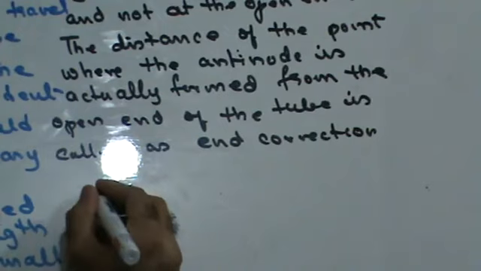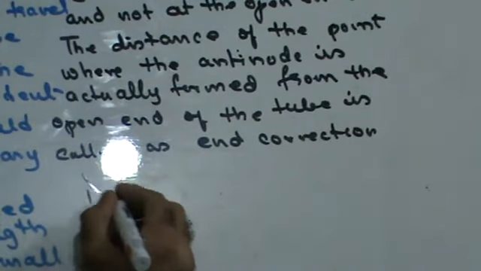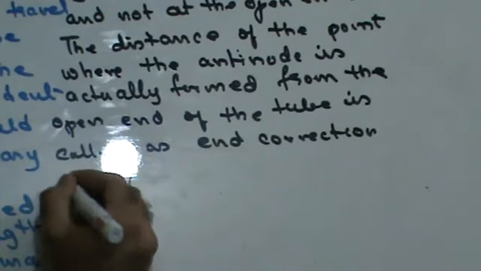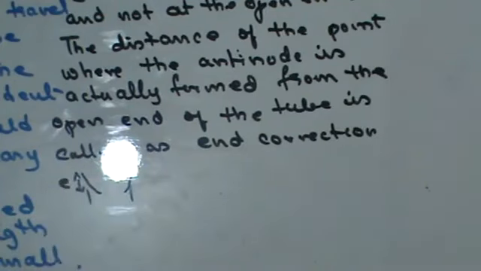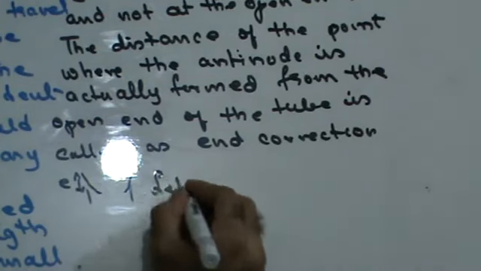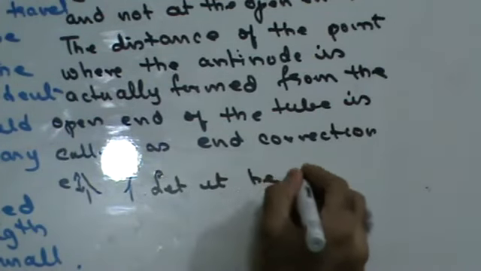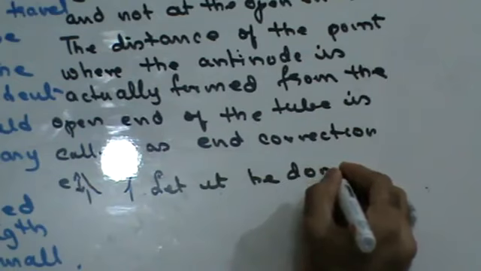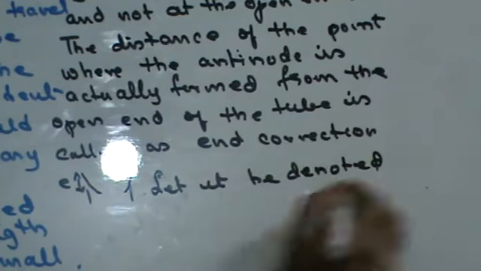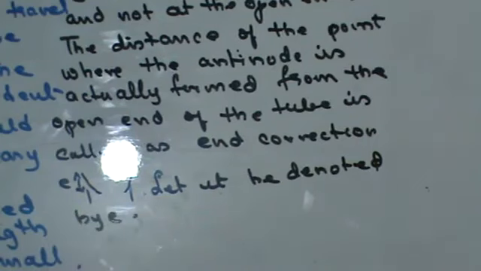This is my open end of the tube. The antinode is formed at this point. This distance between the open end of the tube and the point where the antinode is formed would be called end correction, right? Let it be denoted by E. Let's assume E is the value of the end correction, right?